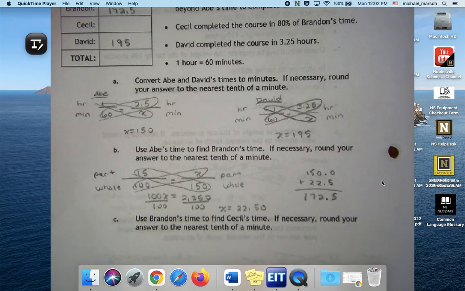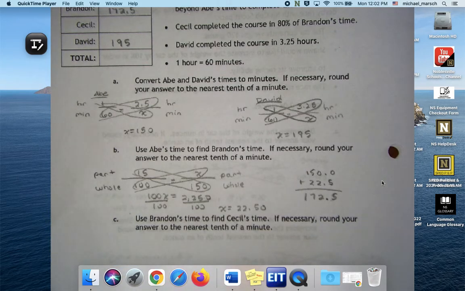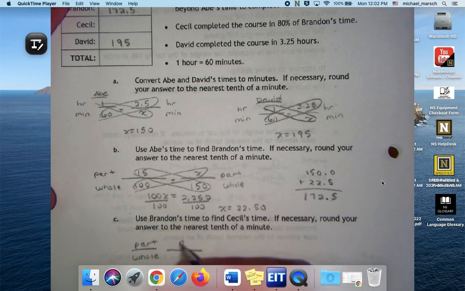We're not going to do anything with that then. That's just our answer, right? Remember when we first started out and it was like find 4% of 91. And then that's where we stopped, right? So we have the part, whole, 80%. We don't know the part answer. That's going to be Cecil's time, but the whole time would be 172.5 because that is Brandon's time.